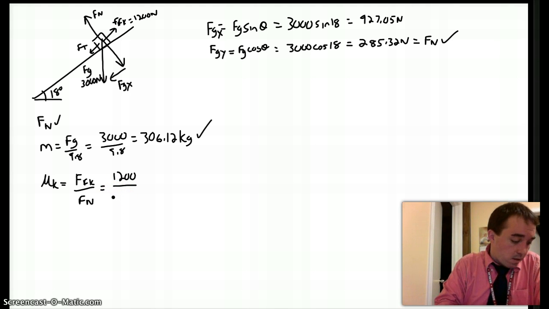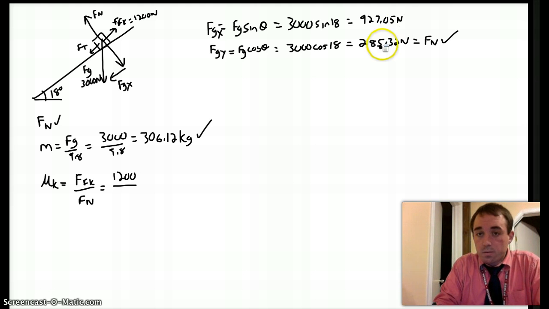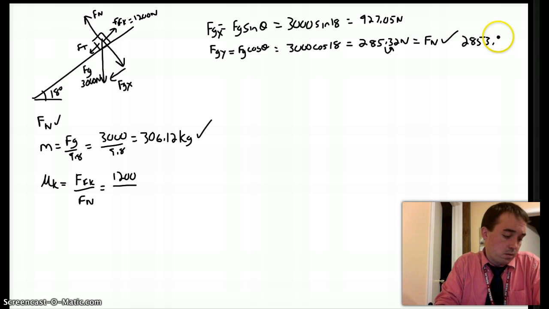Aha, that's why. 3,000 times cosine 18 is 2853.2. I mean, move that decimal over. It's 2853.17.